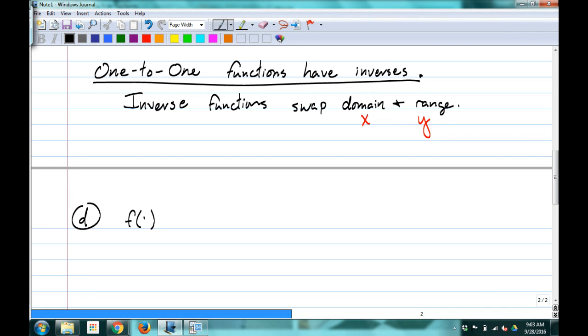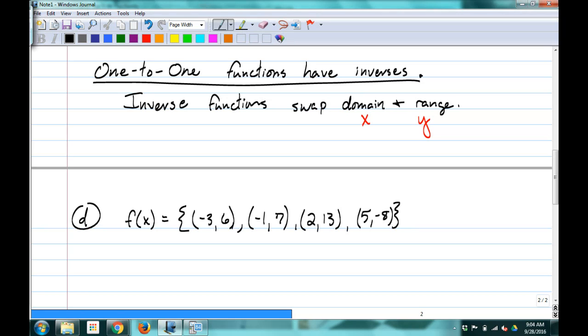So here's a function that's a set of ordered pairs: (-3, 6), (-1, 7), (2, 13), (5, -8). Is that a one-to-one function? Yes, we have no repeated x values, no repeated y values. So we can find the inverse of that.